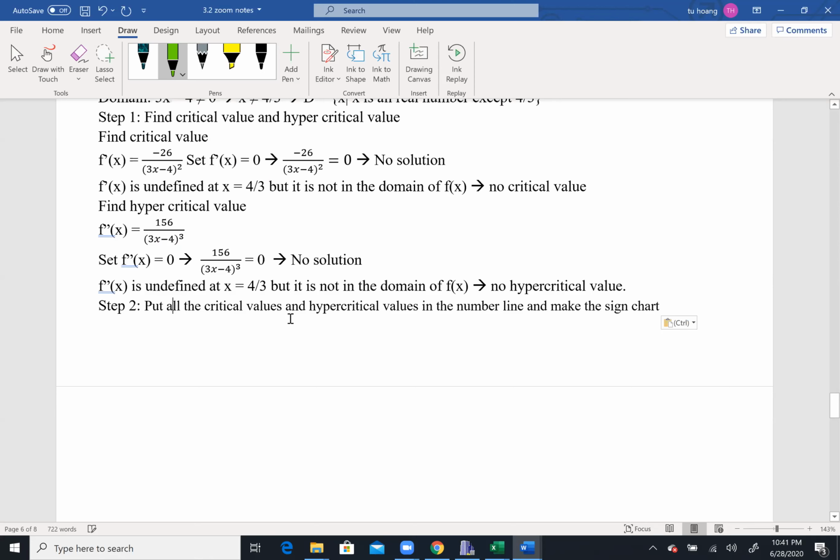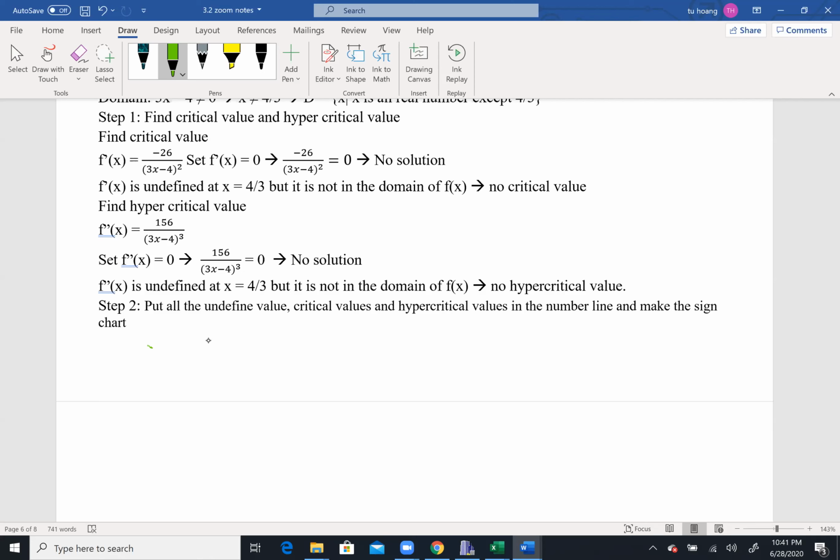You don't have critical values, you don't have hypercritical value. So you have to put all the undefined values, critical values, and hypercritical values, which are numbers. So in this case, you just have the undefined value.